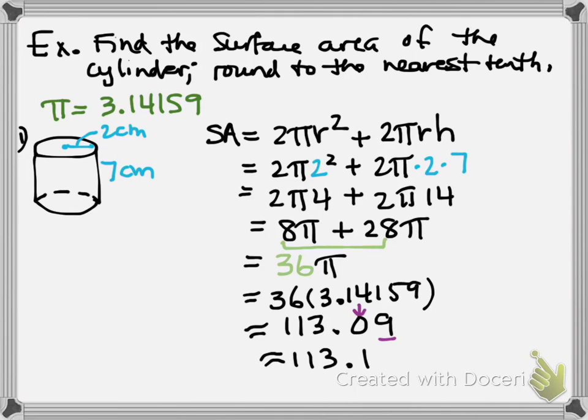Now, because this is an area, what should my label look like? Single label, squared label, cube label. Area. What do I do to my label? I square it. So all area labels are squared.